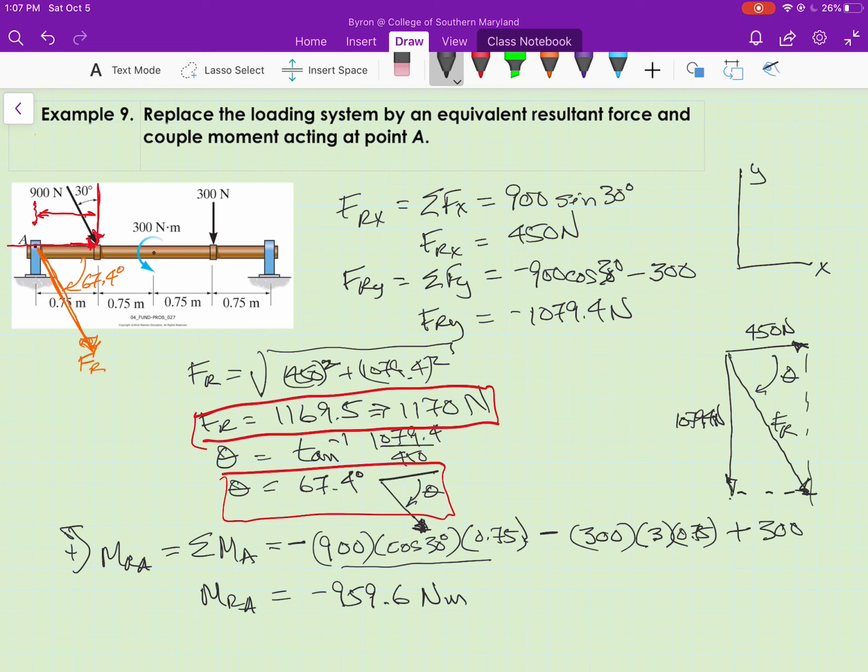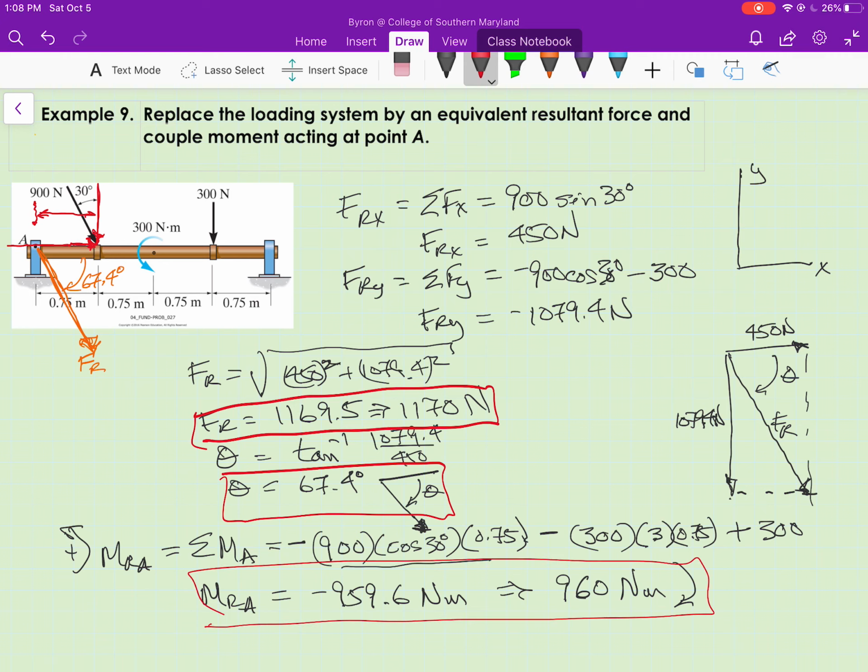We could leave it like that, or we could show it as, and we'll round at the same time, 960 Newton meters clockwise. So there's the resultant moment. It's clockwise, so we can just show that here as a moment about A that's acting clockwise that has a magnitude of 960 Newton meters.